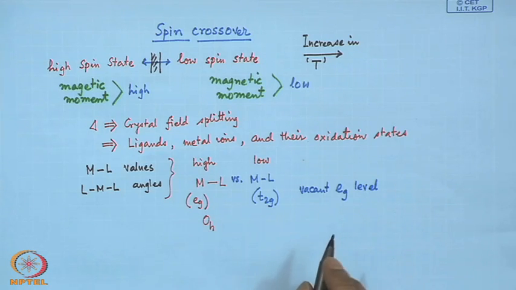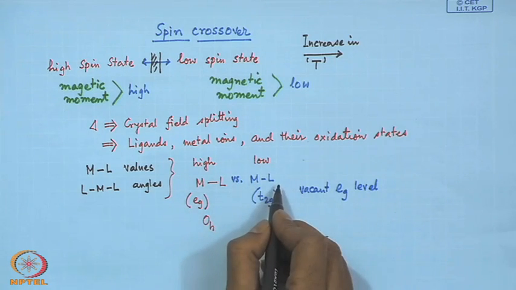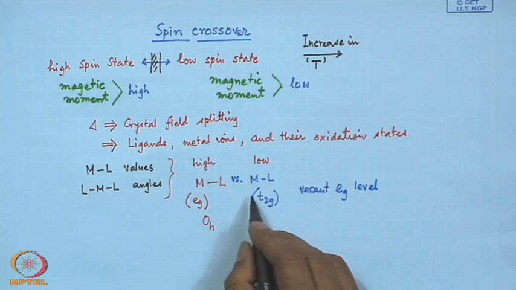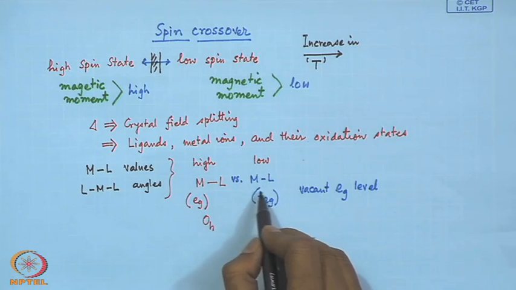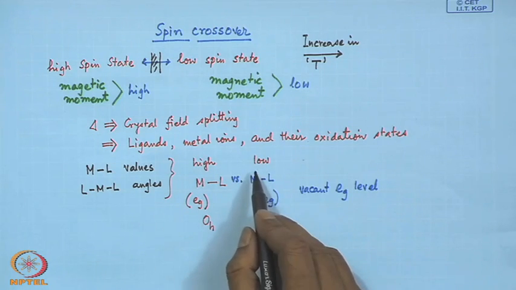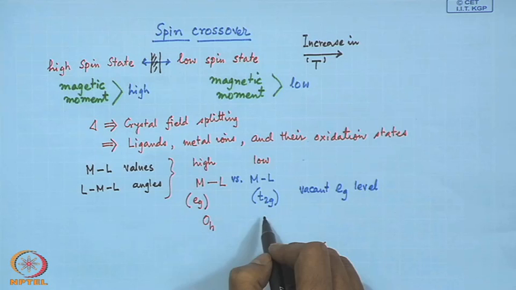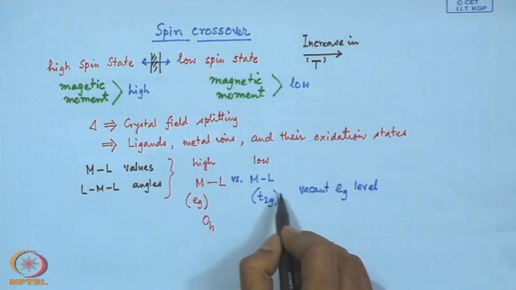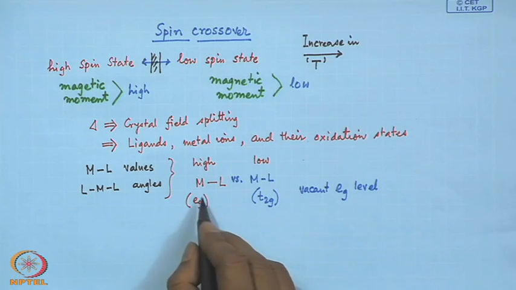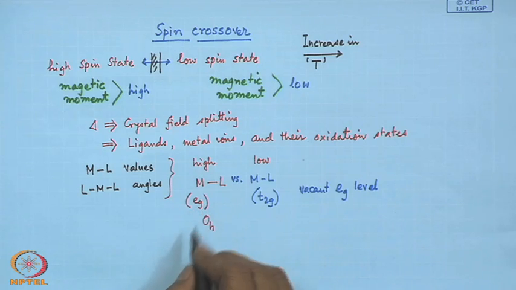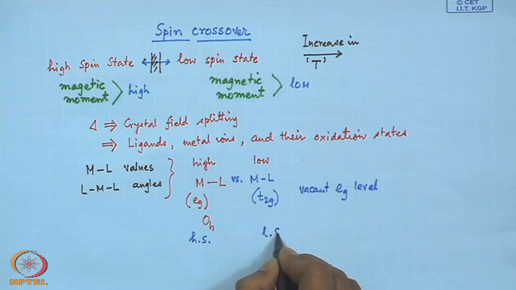So, the vacant eg level will contract the M-L distance, and that basically gives rise to the shorter M-L distance in the situation where we have electrons only in the t2g level. So, the electronic configuration in the eg level is for the high spin complex, and this is for the low spin complex, as we all know.